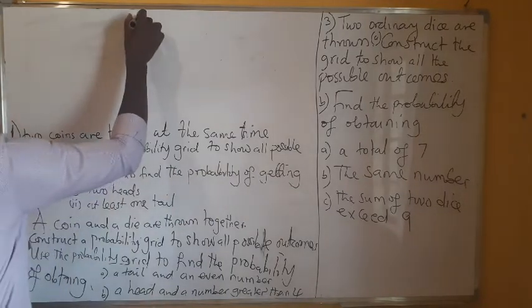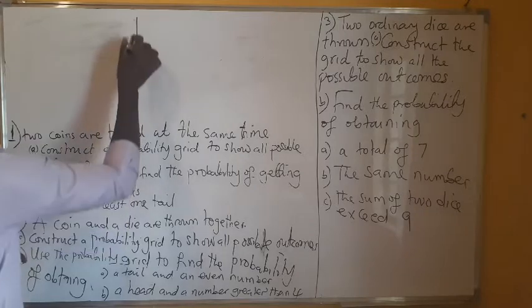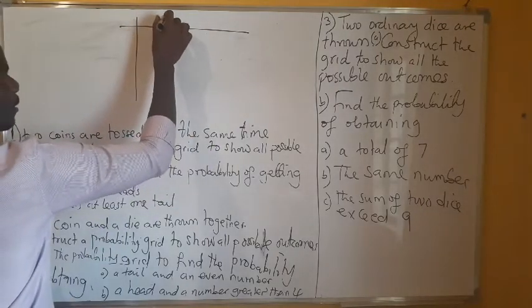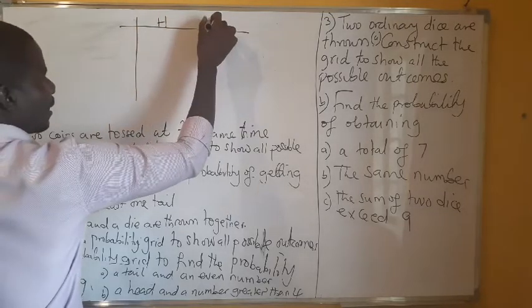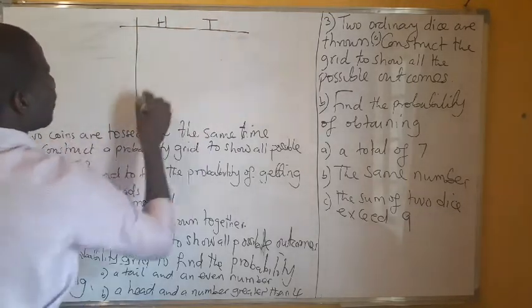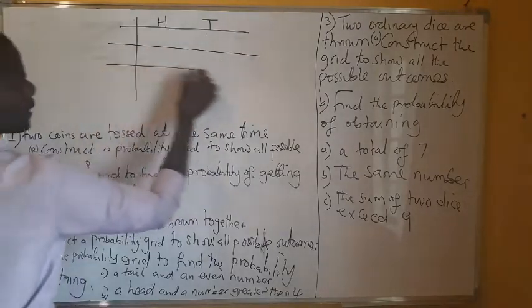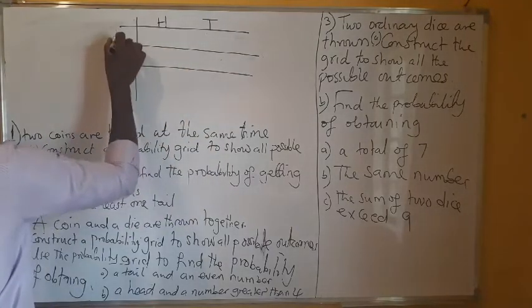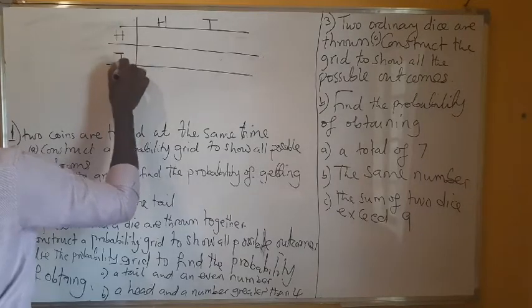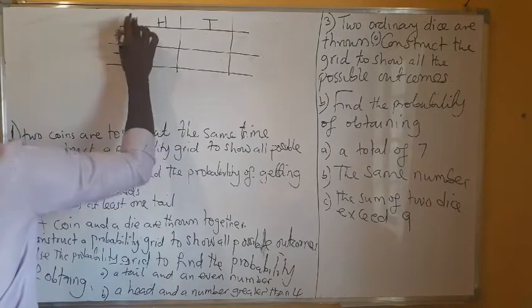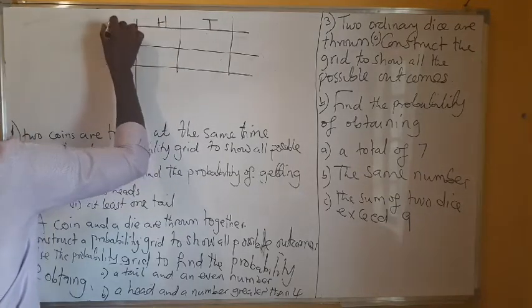So on one coin, we expect head or tail. On the other coin, we also expect head or tail.